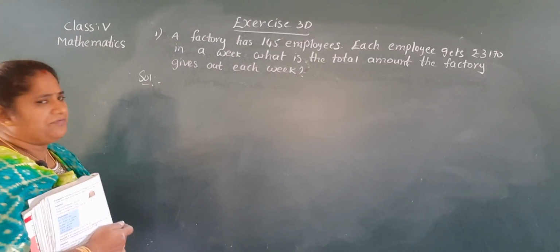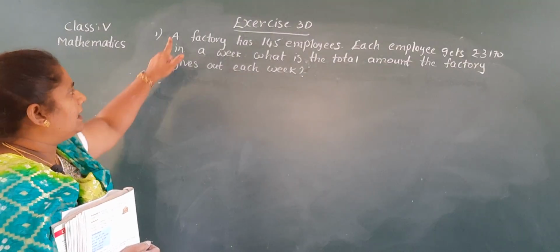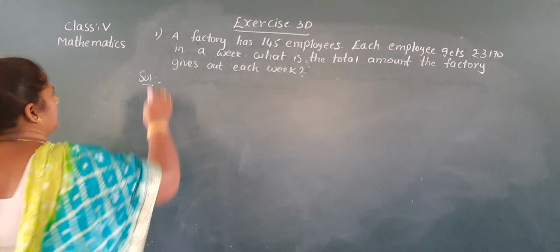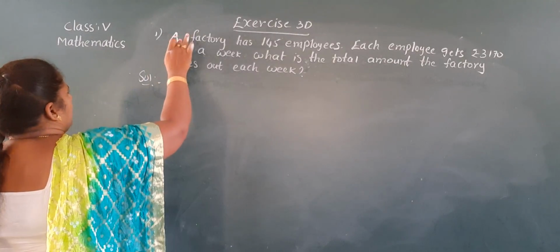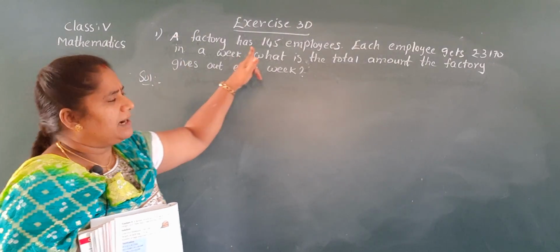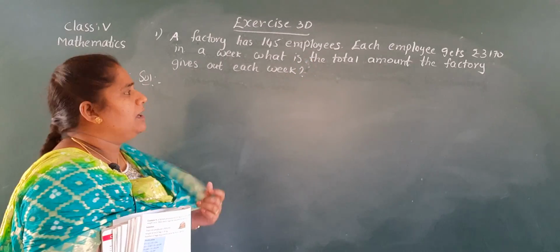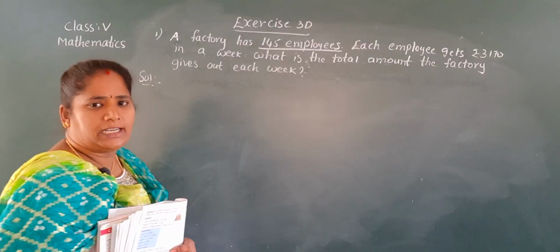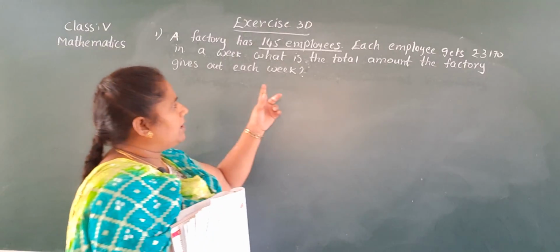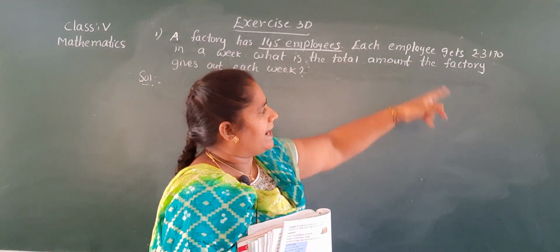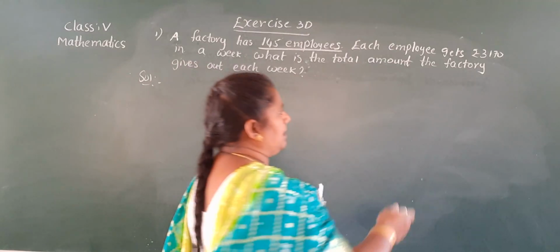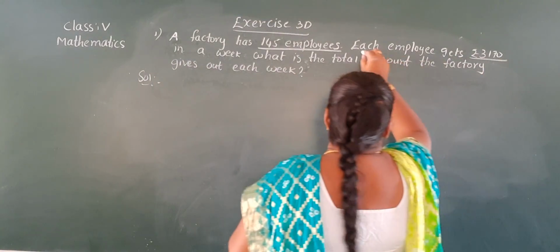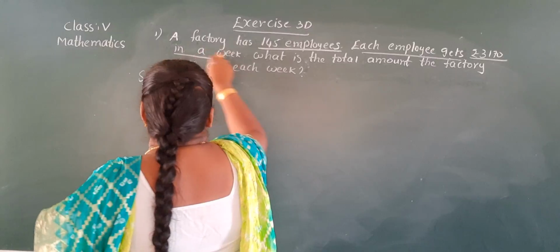Read the problem, children, first. A factory has 145 employees. How many employees are there in the factory? Yes, 145 employees. You also underline that. Each employee gets 3,170 rupees in a week.